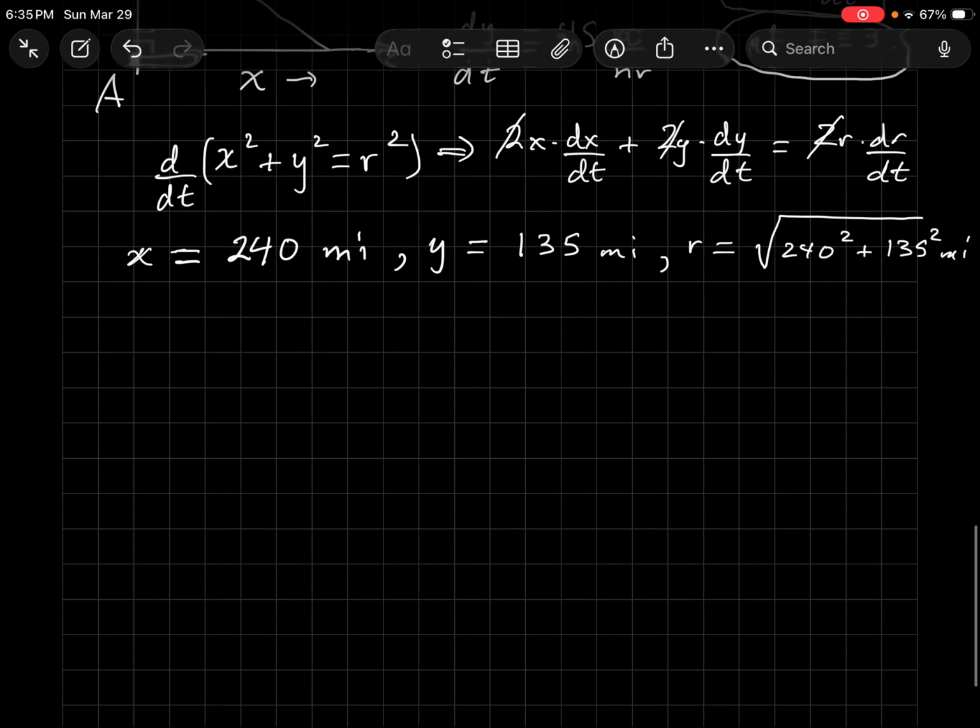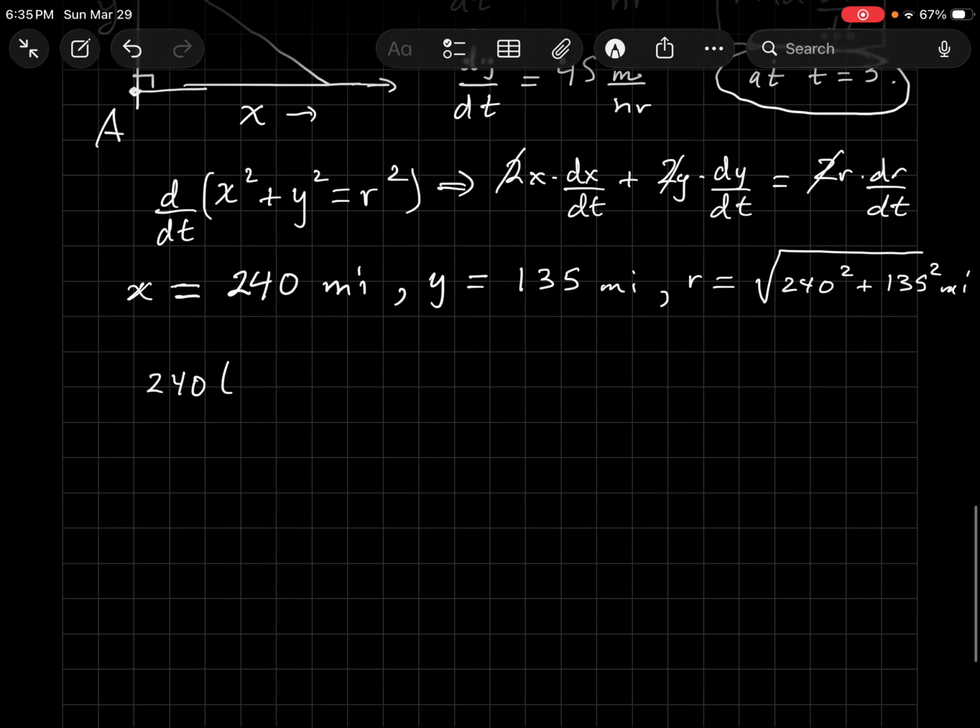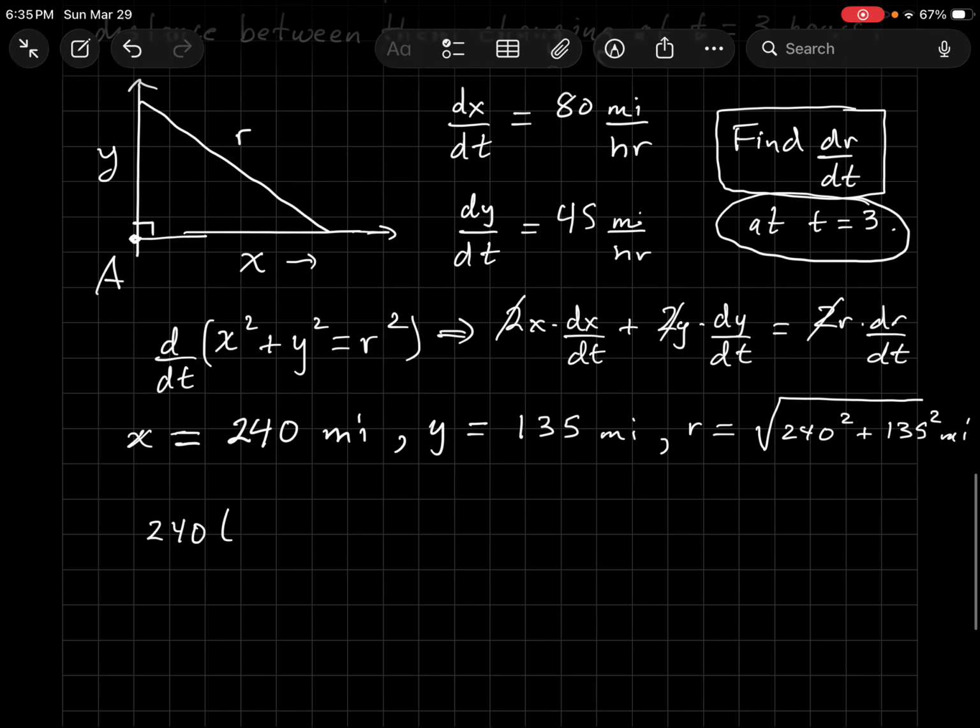I have x is 240, dx dt is 80, y is 135, dy dt is 45.